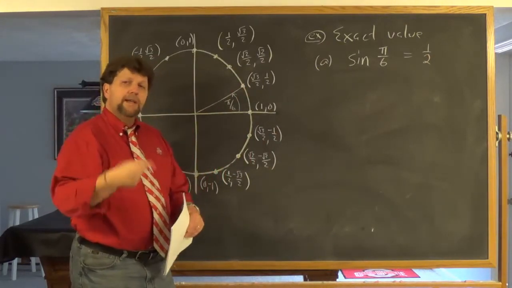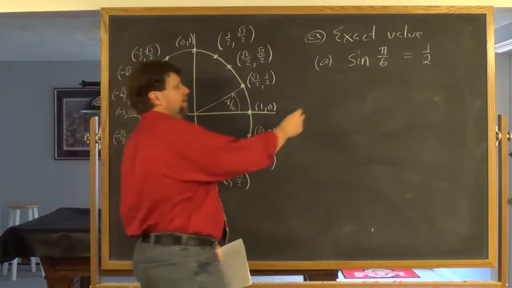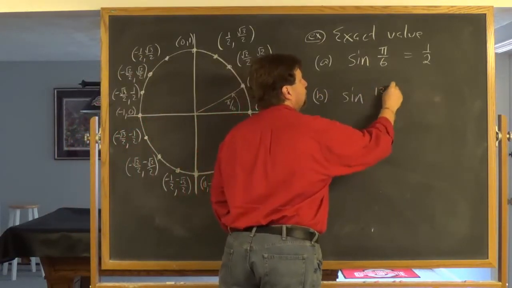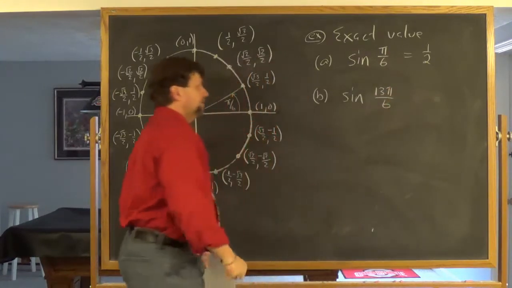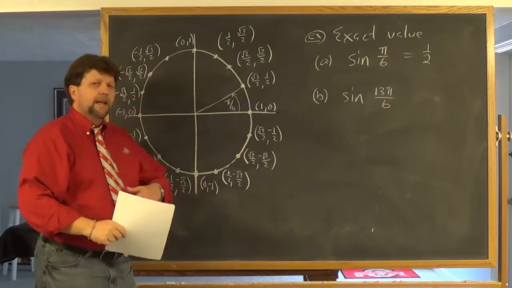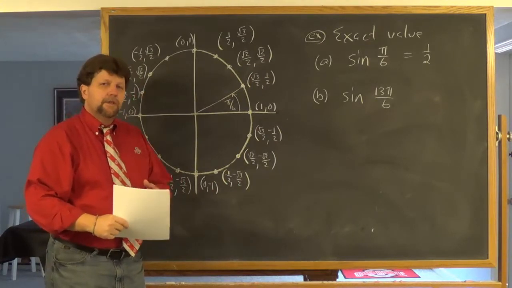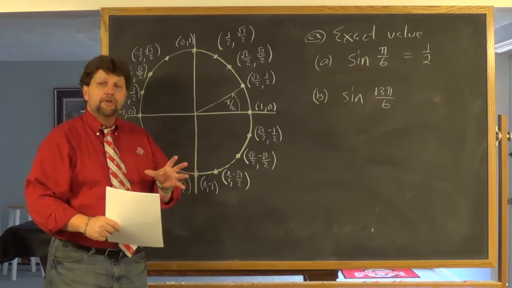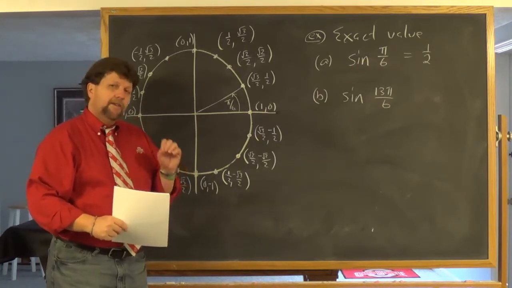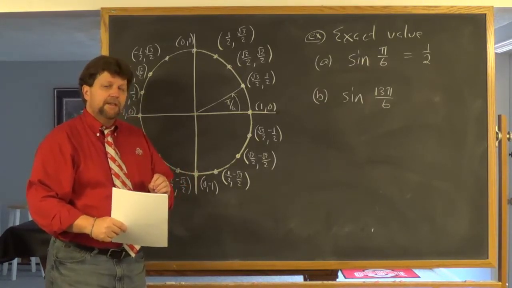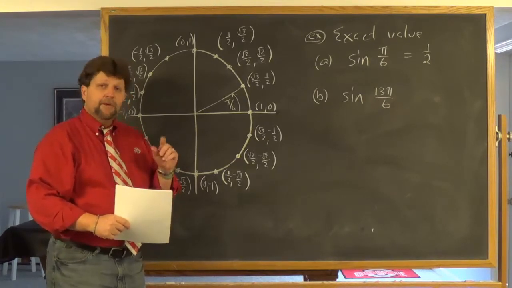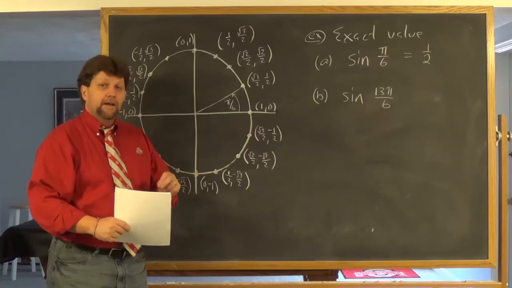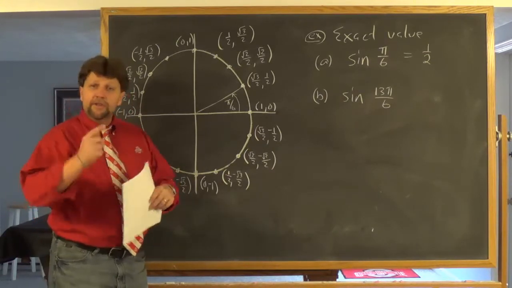Well, what if you were asked to give the exact value of the sine of 13 pi over 6? At first glance, I don't know where 13 pi over 6 is on the unit circle, but I do know 13 pi over 6 is larger than 2 pi. In fact, it is an angle that is coterminal with pi over 6.